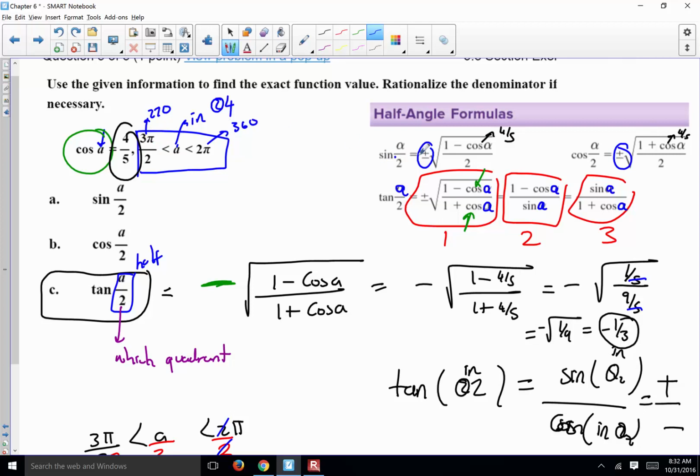You take half of it. I'm asking plus or minus. Which one? It's plus. This one is minus. Because sine in quadrant 2, where a over 2 is, is positive. Cosine in quadrant 2 is negative. Okay?